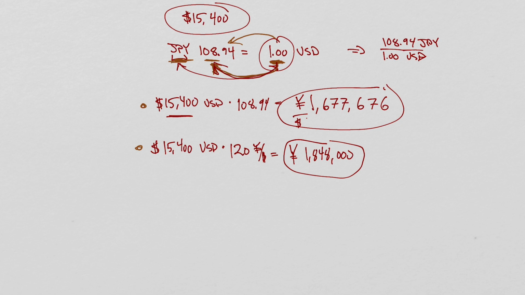Note that in either case, this person starts with 15.4K. But suppose that they go to Japan and buy some stuff. They buy a TV or whatever in Japan and it's 10,000 yen.